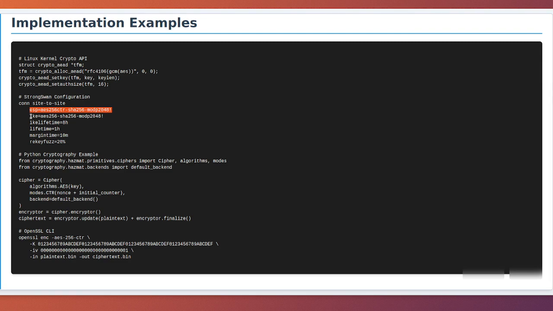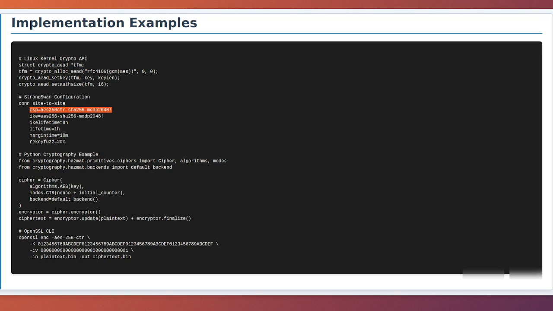This specifies 128-bit AES in CTR mode with SHA-256 authentication and 2048-bit Diffie-Hellman. StrongSwan's charon daemon handles the actual packet processing, using plugins to support different cryptographic backends. These include OpenSSL, kernel crypto, and hardware accelerators.